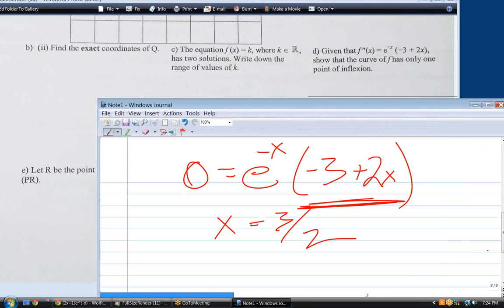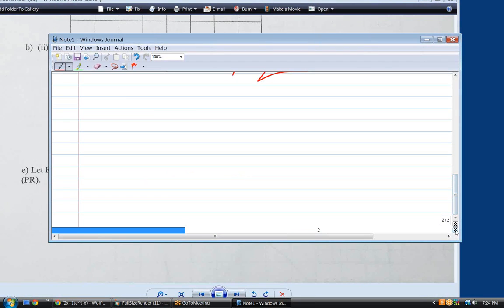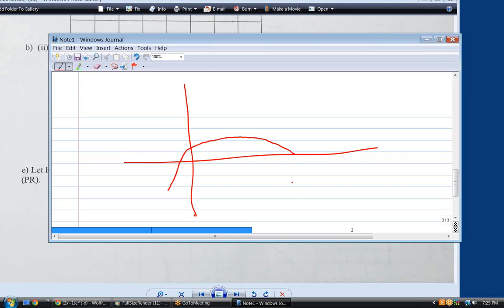Now, I'm going to approximate this curve just for points of illustration here. Our curve looks something like this. Well, it doesn't actually touch.